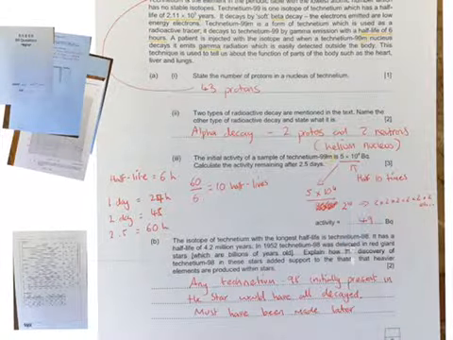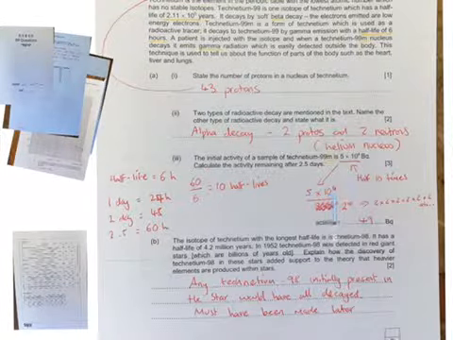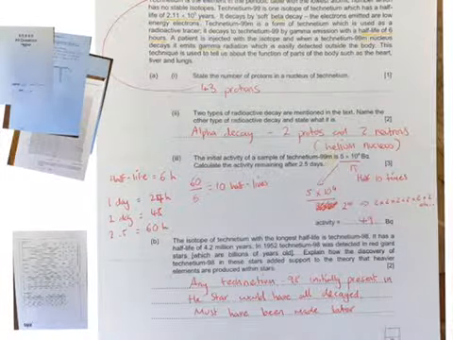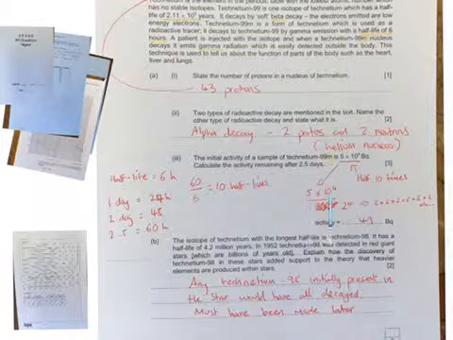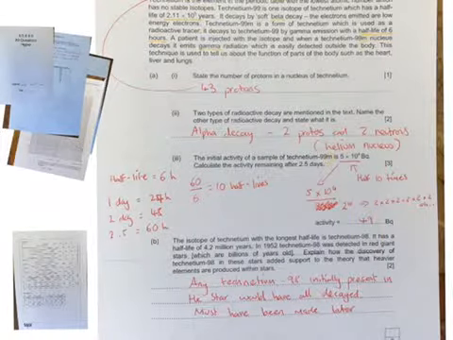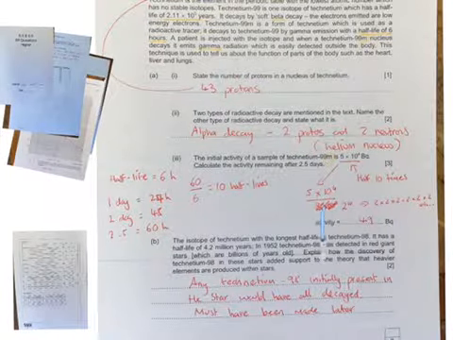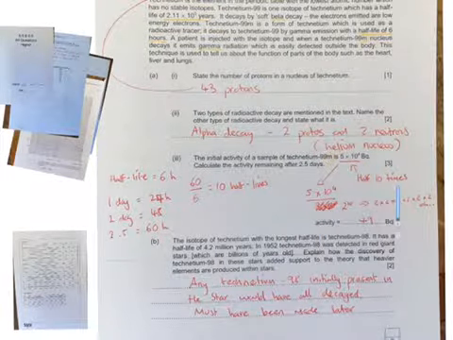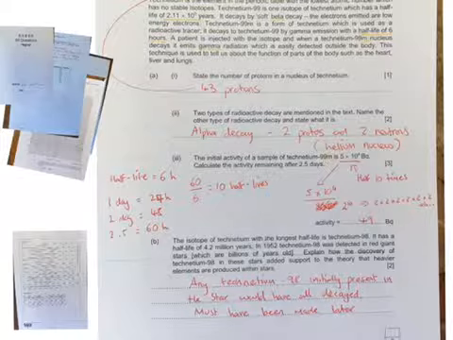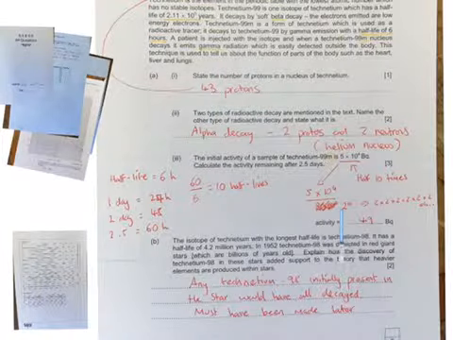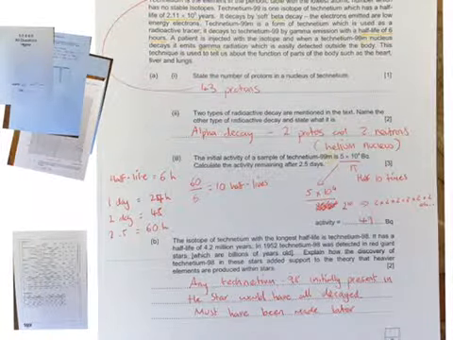What you're saying is half of 5 times 10 to the power 4, which is 50,000, is just 50,000 over 2. Now, 2 to the power of 1 is just 2, and then 2 to the power of 2 is 2 times 2. And then 2 to the power of 3 is 2 times 2 times 2. To save time, we can say, if I got 10 half-lives, 2 to the power 10, how many times does 2 to the power 10 go into 50,000?